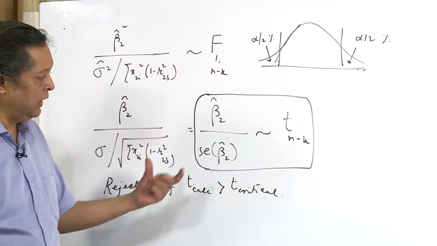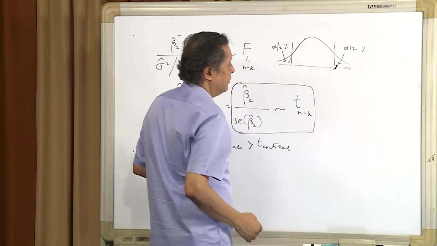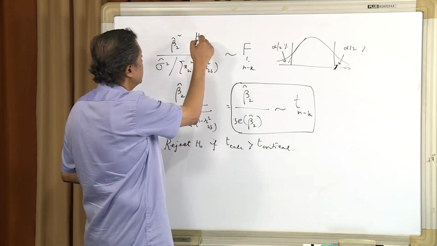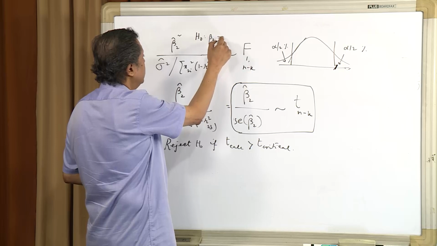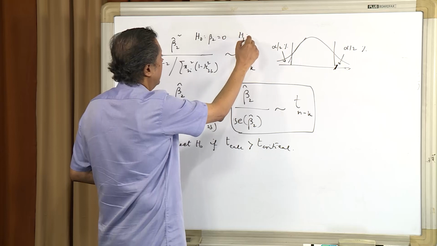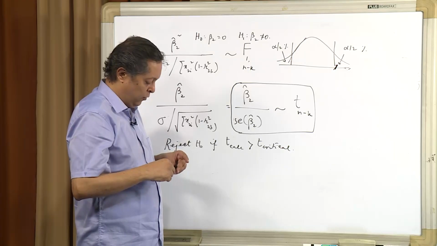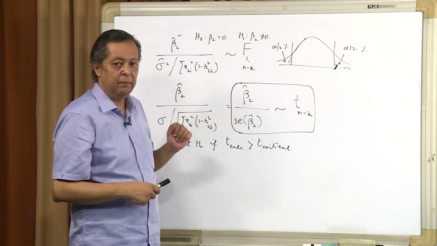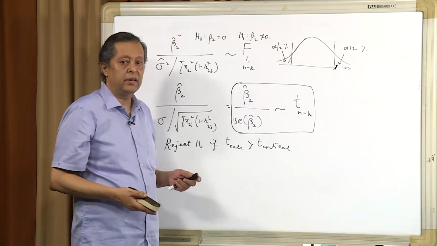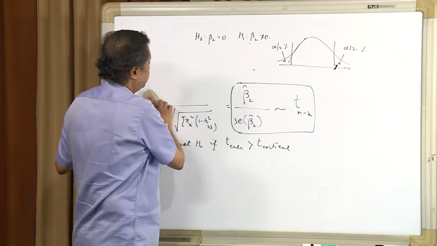So, if the absolute value of this t statistic exceeds this critical value, then we reject the H naught. What is H naught? H naught was beta 2 is equal to 0, and rejecting H naught means accepting H1, beta 2 not equal to 0. Now, this format of the test statistic is very important, because if we remember this, it is easy for us to develop the test statistic for similar tests which might involve 2 or more coefficients.